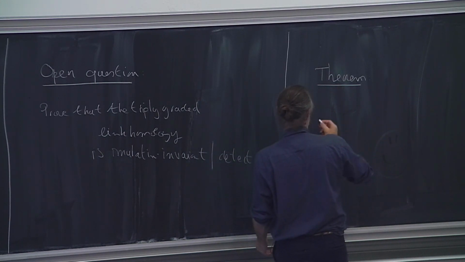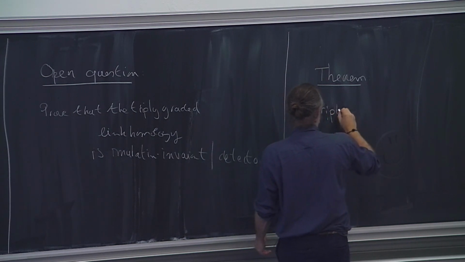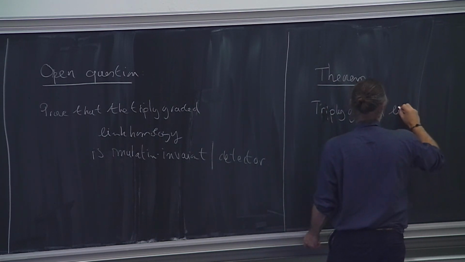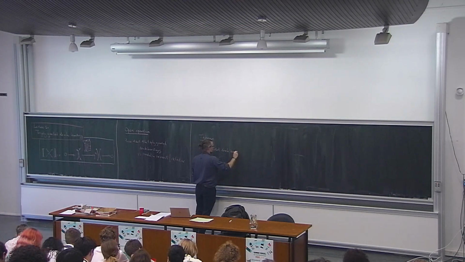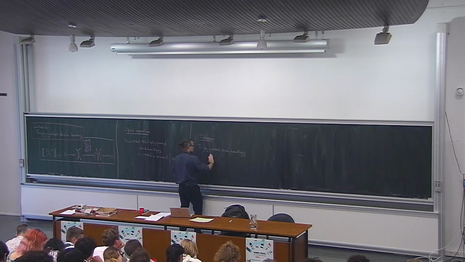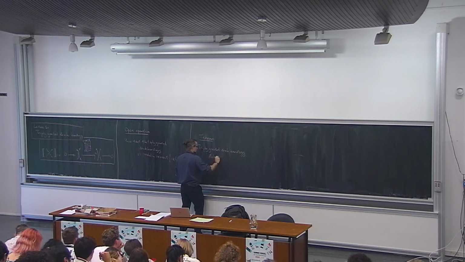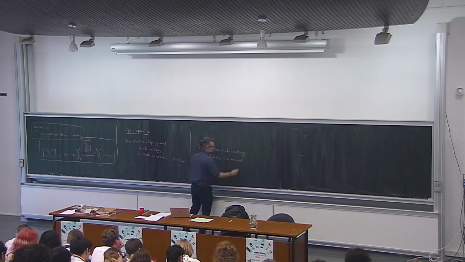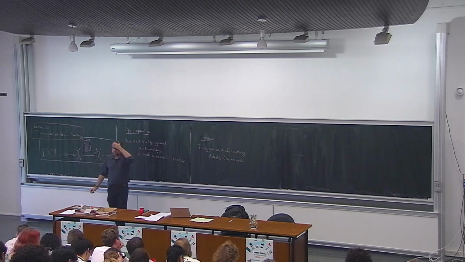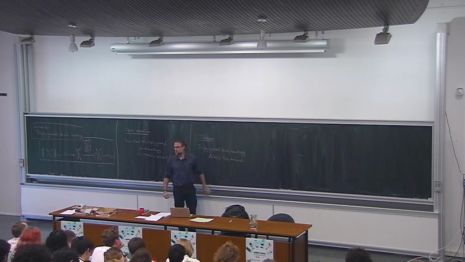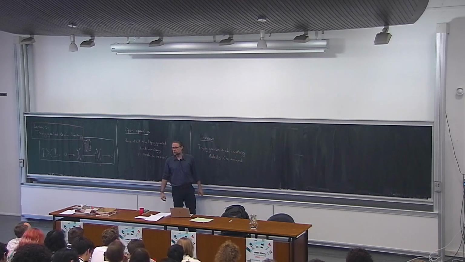So a theorem: triply graded link homology detects the unknot. And I'll put a couple of names behind this theorem, because it's a concatenation of the work of various people.